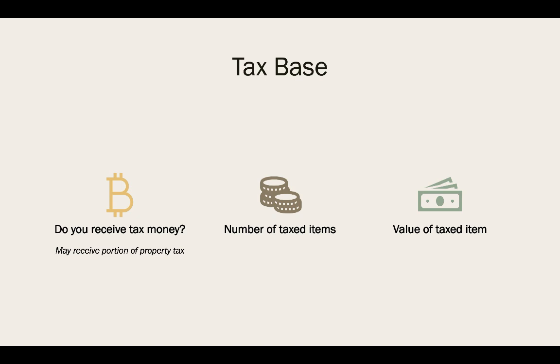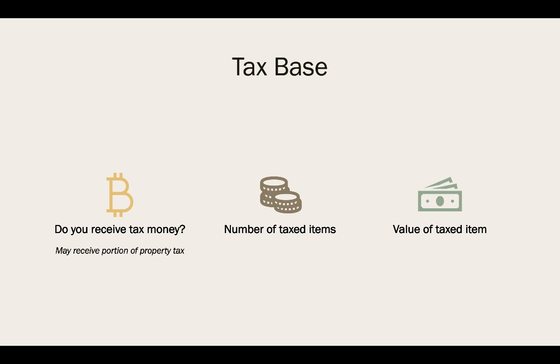When we are predicting our revenues, we need to take into account the number of the taxed items. So on property tax, how many properties are there being taxed? Just to begin with, what's the number? And then the value of each taxed item. So I have 1,000 properties that are being taxed in my area, and then what's the value of those properties?